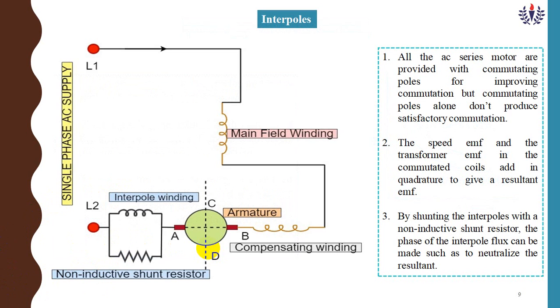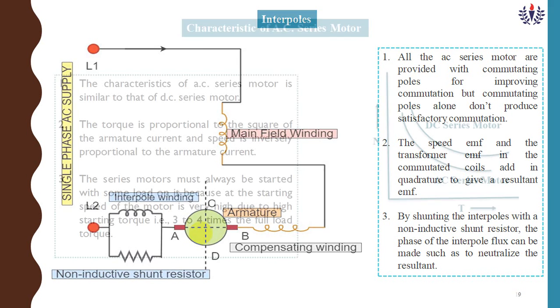Suppose the speed and some parameters change based upon the supply. To manage the speed, EMF and flux based upon our supply, we need this arrangement. This arrangement is known as the interpole arrangement.